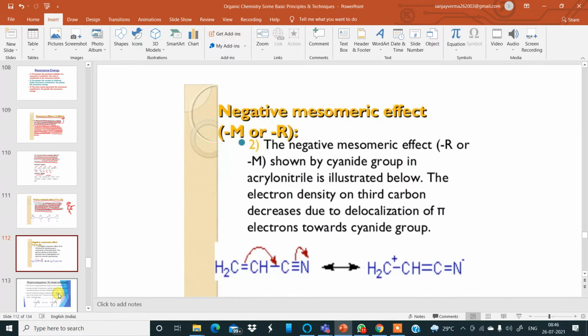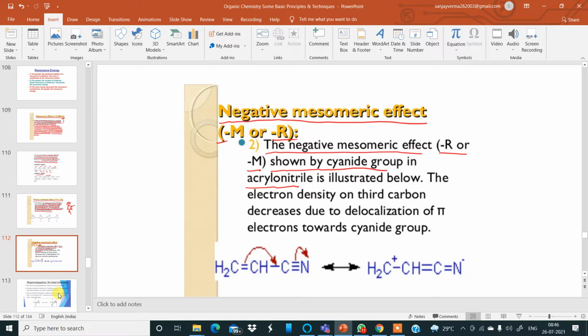Now, moving further to the next type of mesomeric effect, which is called negative mesomeric effect, minus M or minus R. The negative mesomeric effect, minus R or minus M, shown by a cyanide group below. It is called acrylonitrile.